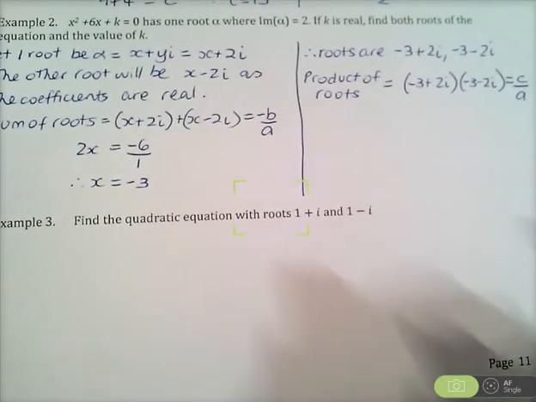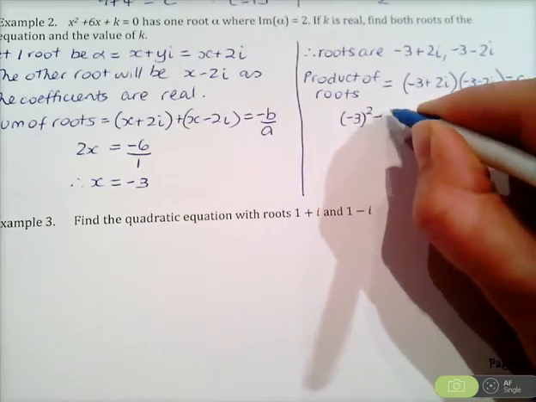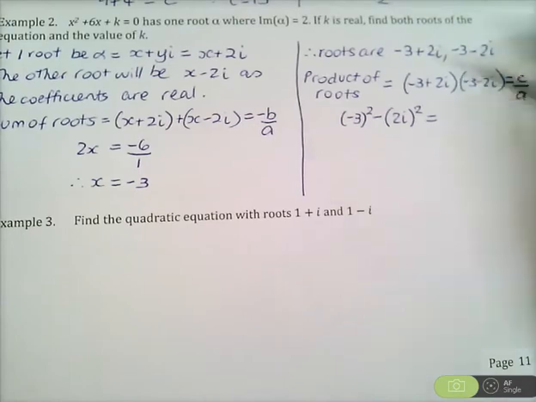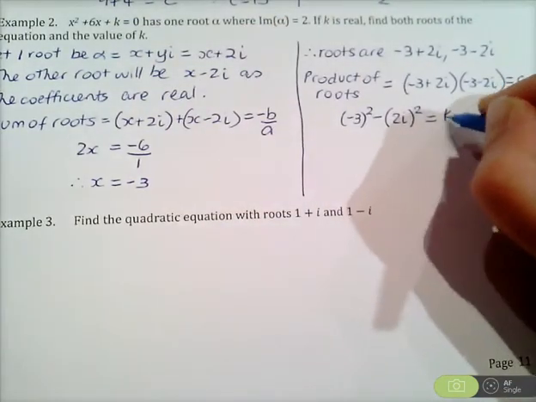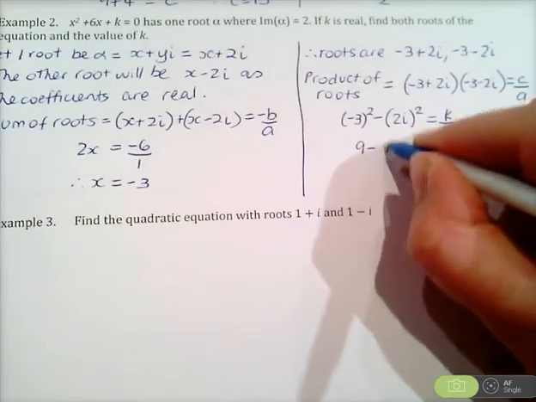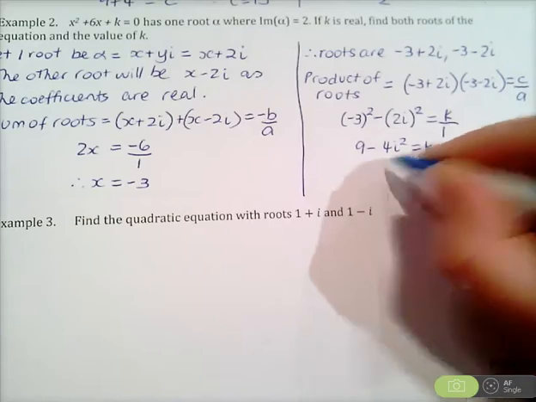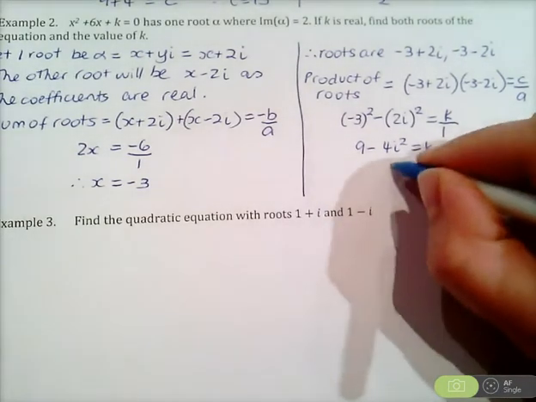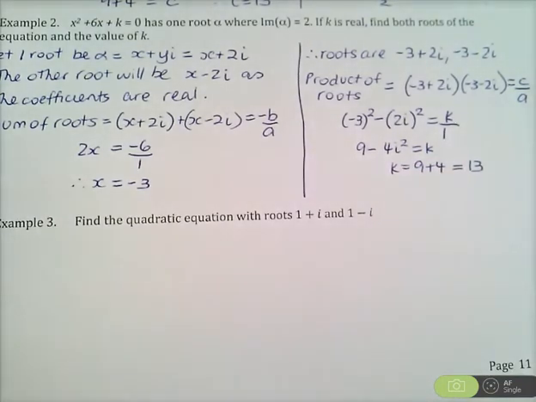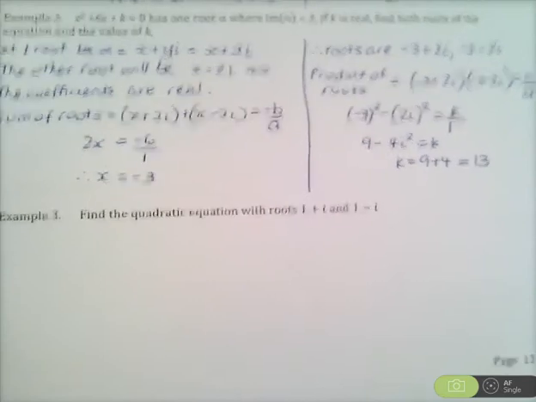So we get negative 3 squared minus 2i squared equals k over 1. So we've got 9 minus 4i squared is k. Therefore k is 9 plus 4, which equals 13.